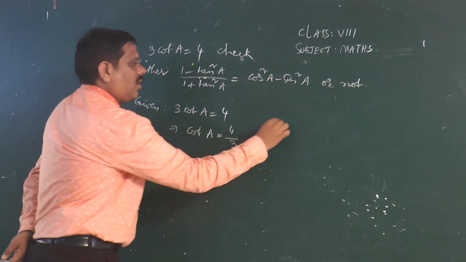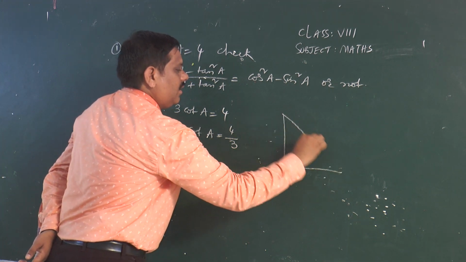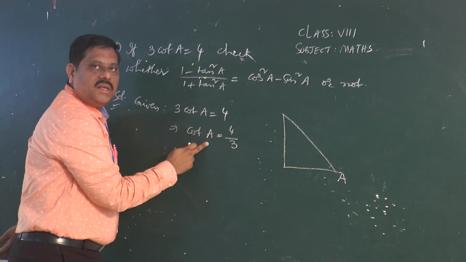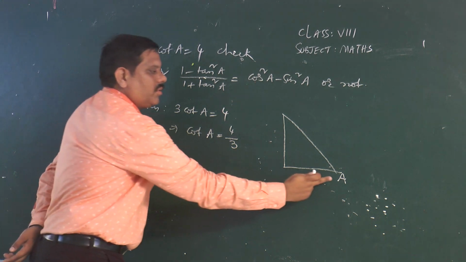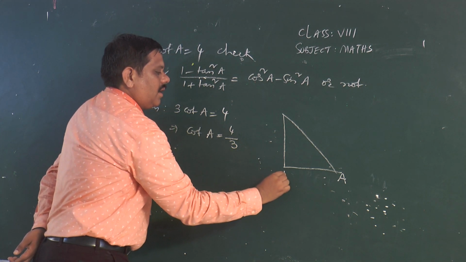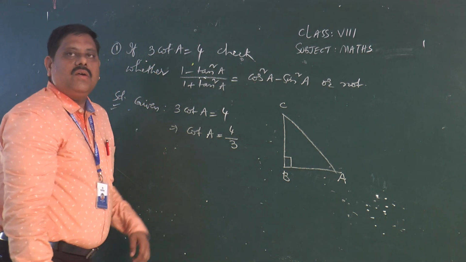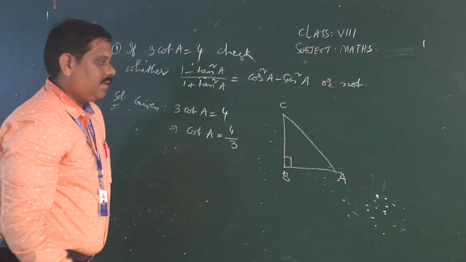If you draw a right triangle, let us take this as A, because we are saying cot A is 4 by 3. So better to take angle A over here, and this is BC. Let us consider that at angle B we have the right angle. So angle B is 90 degrees.